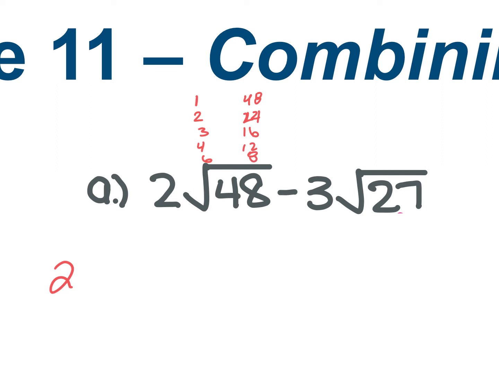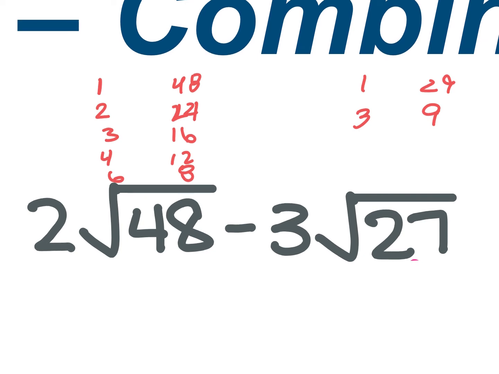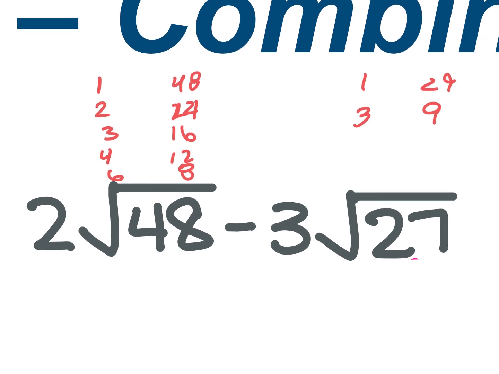Now let's talk about 27. 27 is 1 and 27, and 3 and 9, right? So we want to somehow break these down to a perfect square and a non-perfect square, and to where they'll have the same quote-unquote last name or same variable. Do you guys notice anything that is the same in those two sets of numbers?